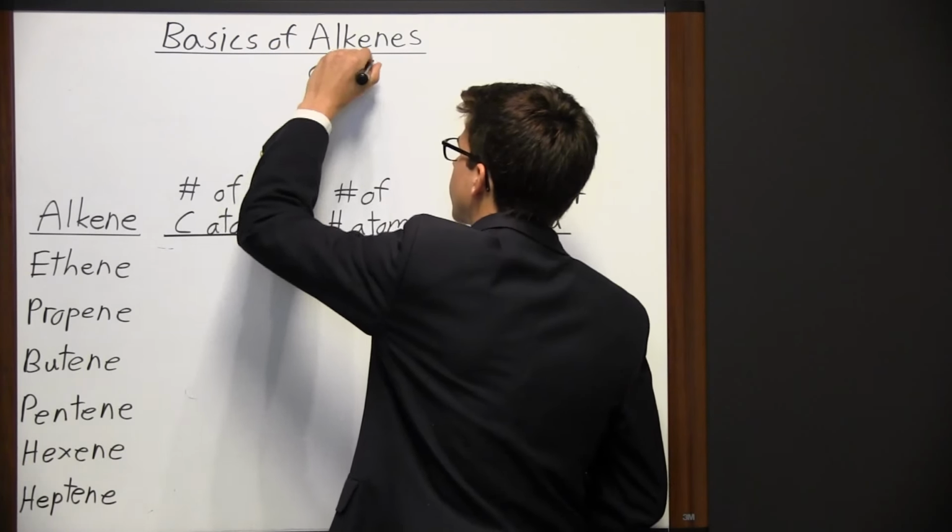Now we come to pentane, which has 5 carbon atoms and 12 hydrogen atoms. Here we can have n-pentane, isopentane, and neopentane.